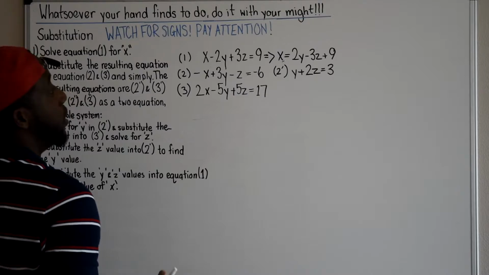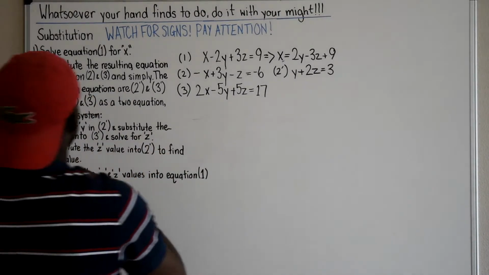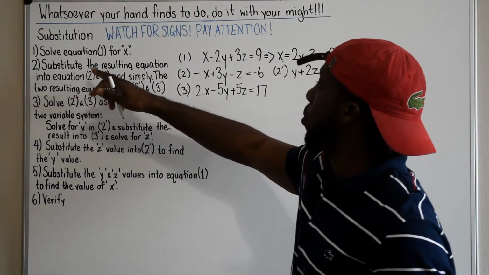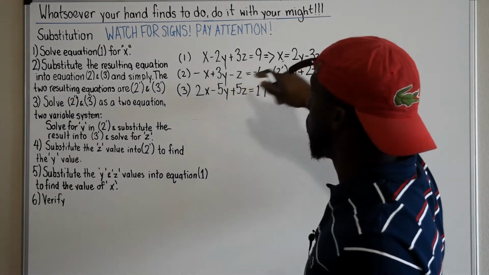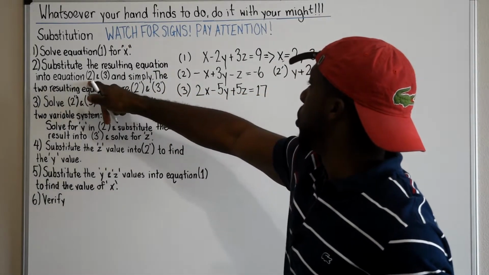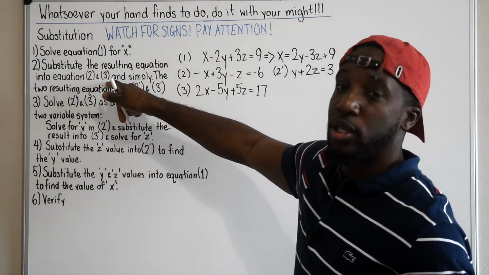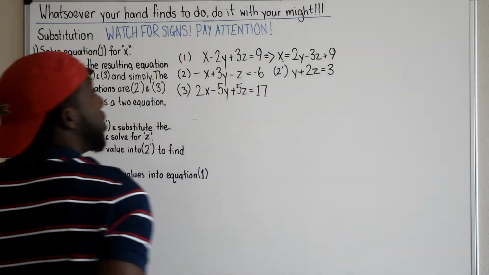Okay, so now, we're still on step 2. So remember, we substitute the resulting equation, this one, into equation 2. So that's what we did, and we got 2 prime. And equation 3: so now we're going to substitute it into equation 3 and simplify it.